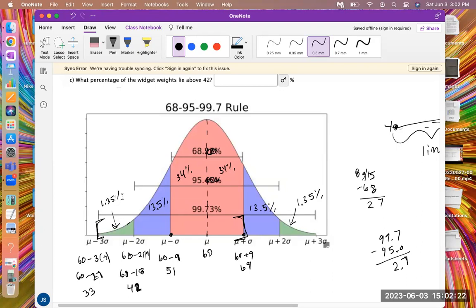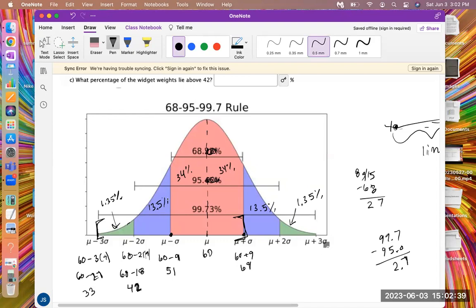Okay, so that was not directly told to us in the empirical rule, but we could deduce that because we know it's symmetrical about the mean. It's deductive logic here.